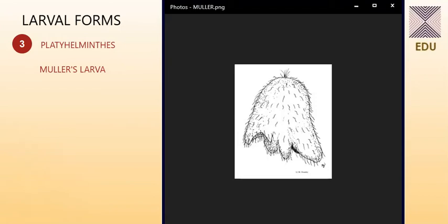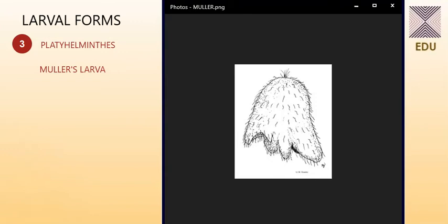Now the cilia on the lobes are longer than the cilia of the rest of the body. As we have a caudal tuft in the case of Paramecium, on the caudal side where the cilia are longer, it is also present here, that the cilia on the lobes are longer than the body cilia. Now at the anterior and the posterior ends of the larva, there are tufts of longer cilia, called the apical tuft and the caudal tuft, as we have previously discussed.